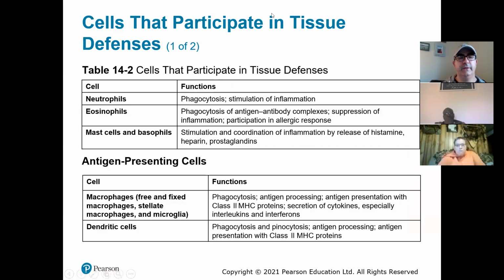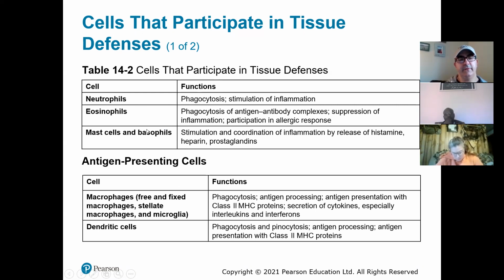Okay, so here is a nice table that summarizes cells involved in tissue defense. This first part here, neutrophils, eosinophils, mast cells, these are cells that are part of the non-specific white blood cells, part of your innate immune system.